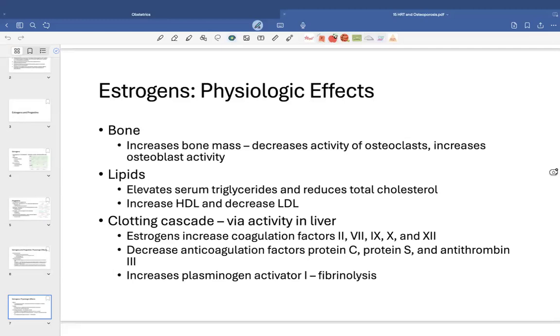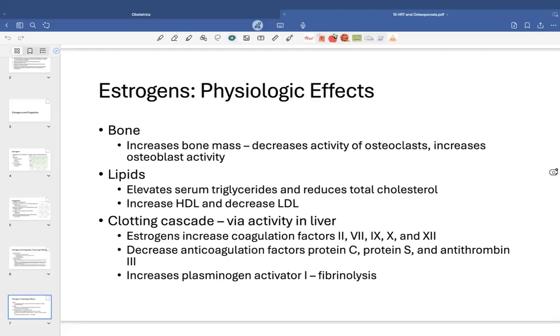And then they decrease the anticoagulation factors: protein C, protein S, and antithrombin 3. All of those effects contribute to an increase in coagulation risk. Okay. Now, this is specifically going to be an issue, especially when you're taking estrogens by mouth.